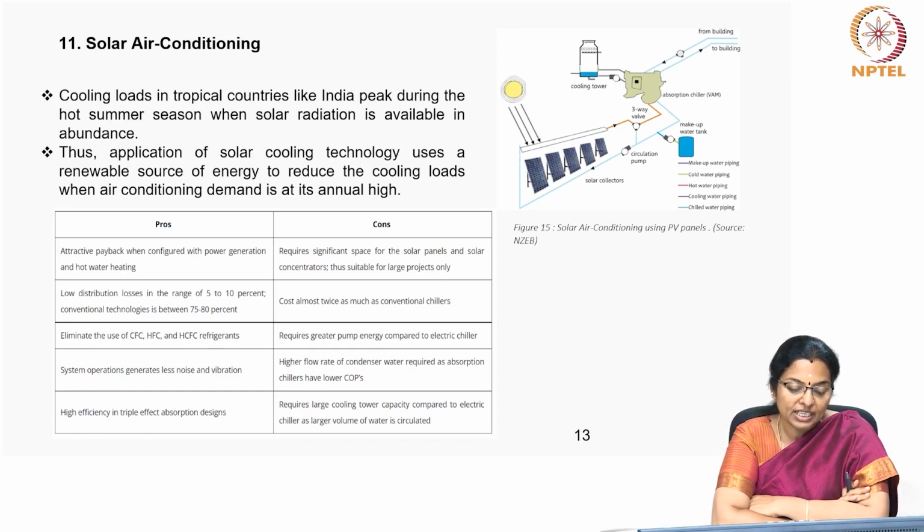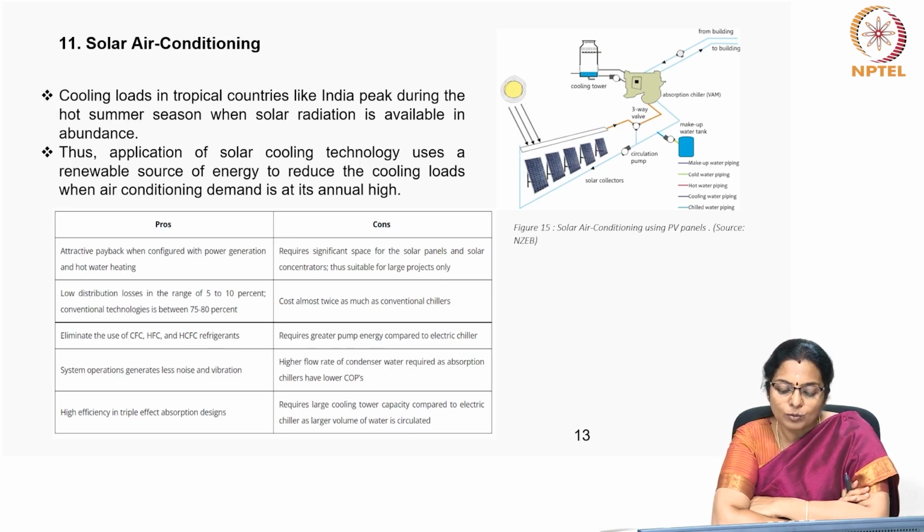System operation generates less noise and no vibrations. It has high efficiency in triple effect absorption designs. But it has its own limitations. It requires a large amount of space for the solar panels and the solar concentrators. Thus, it is suitable only for very large projects.